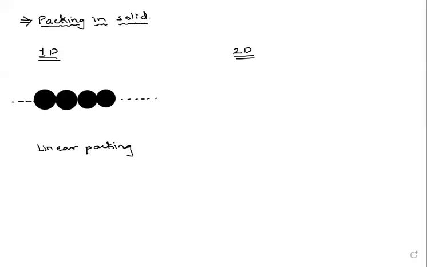Now, if you observe the coordination number, what is coordination number? I have told you earlier, coordination number is the number of atoms surrounding. As you can see, if I talk about this atom, one atom is attached and the second atom is attached.